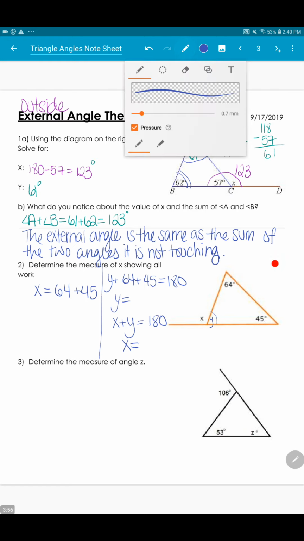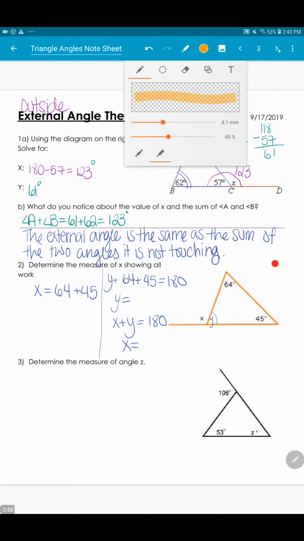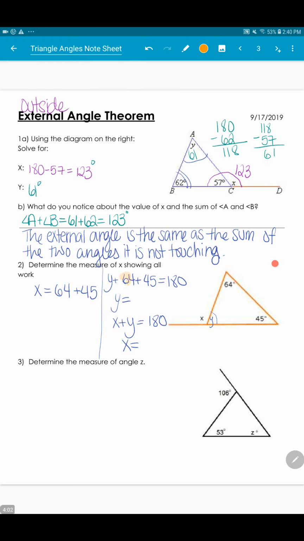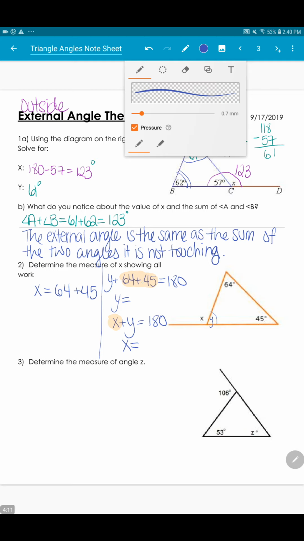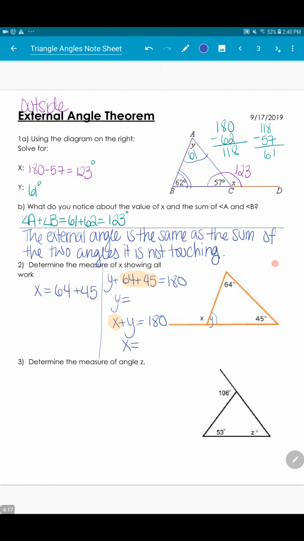If you notice here, what gives it away, y plus all of this is equal to 180. Y plus this is also equal to 180. So we should be able to say that x is the same as 64 plus 45, which is what we have on this side. So can you guys just please solve and see what x is equal to?